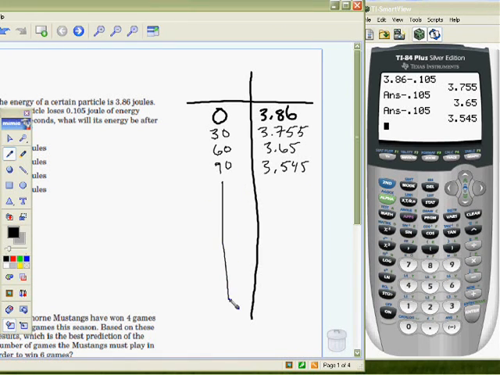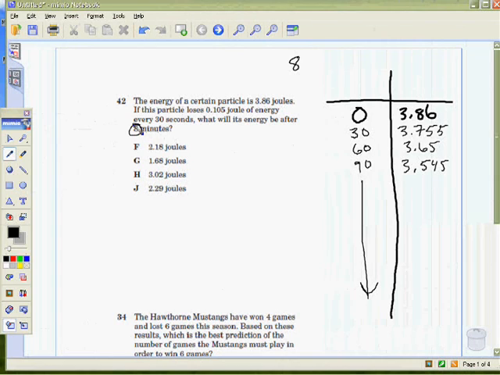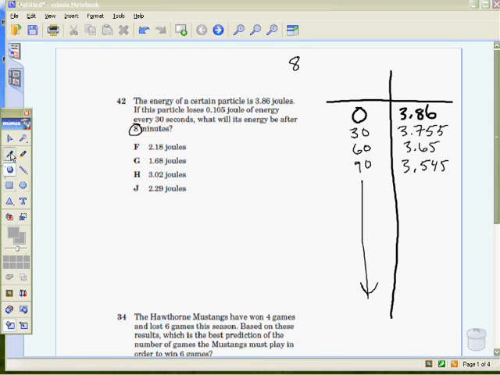So I could continue this process and get all the way down to, well, if I have 8 minutes, how many 30 seconds are in that 8 minutes? So I know that in each minute I have 2 sets of 30 seconds.